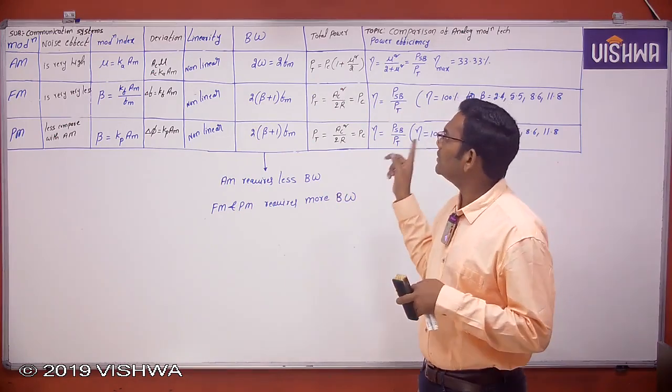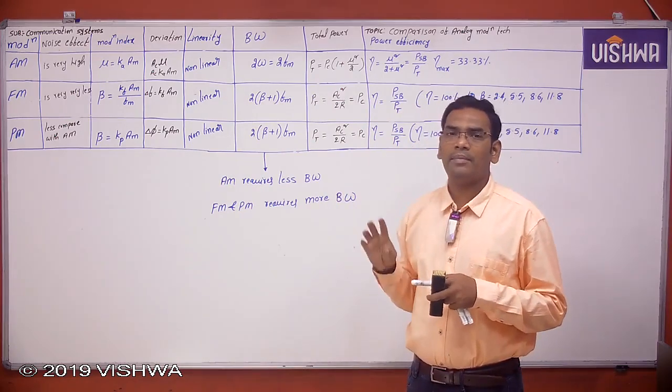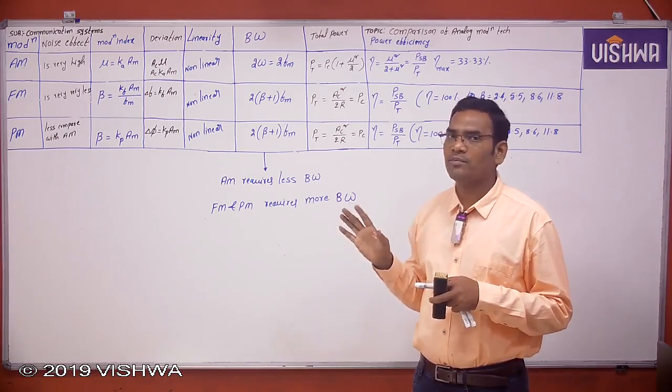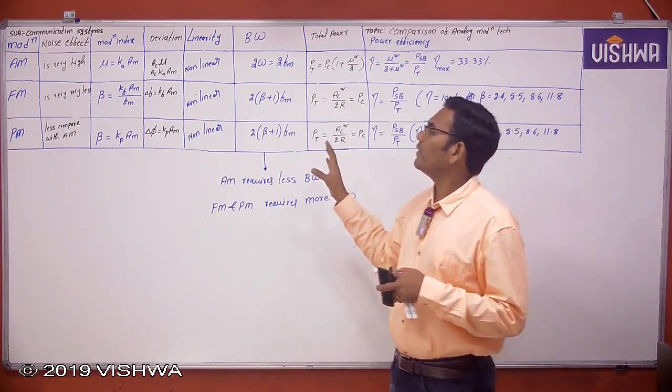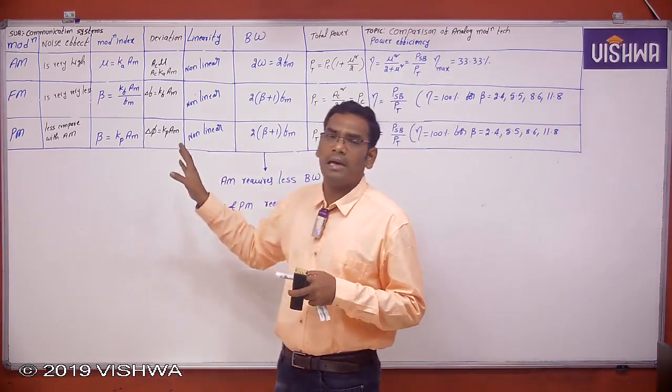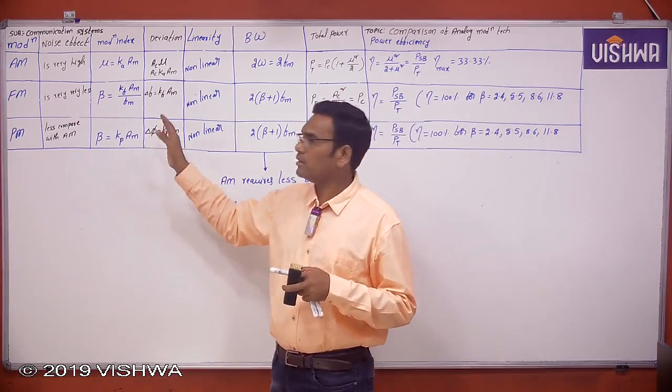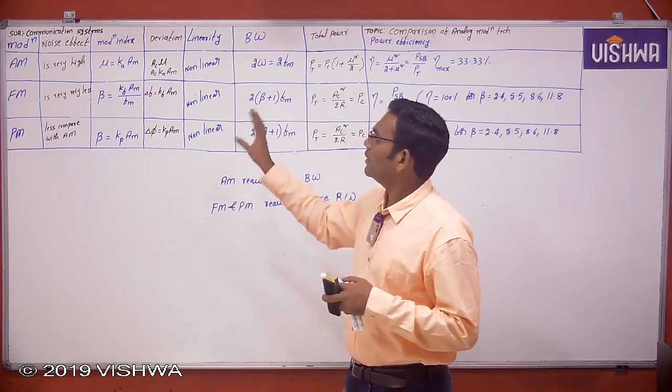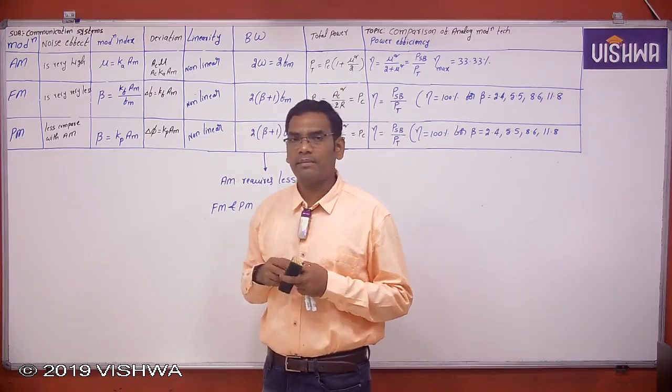Now if you see this table, it covers total amplitude modulation, frequency modulation, phase modulation, everything. For any question on amplitude modulation, frequency modulation or phase modulation, if you just look at this table, you can definitely solve that particular question.